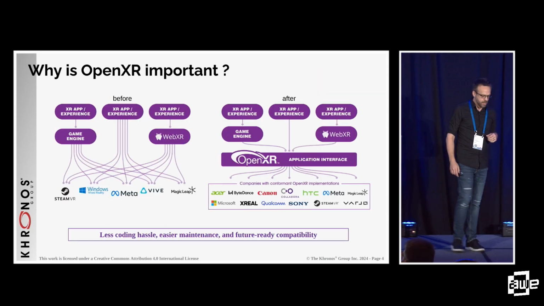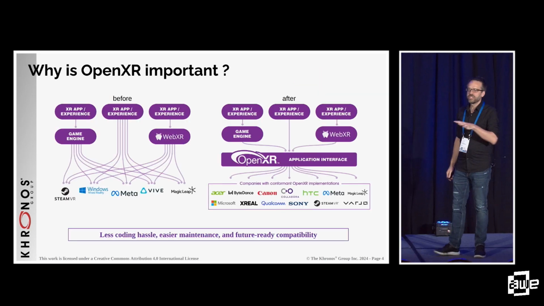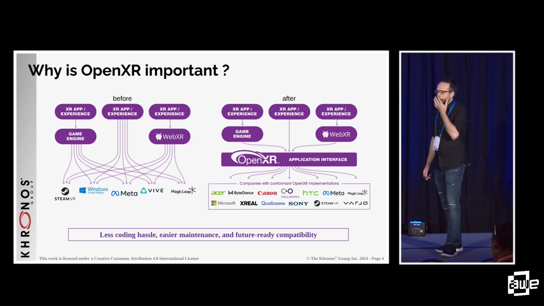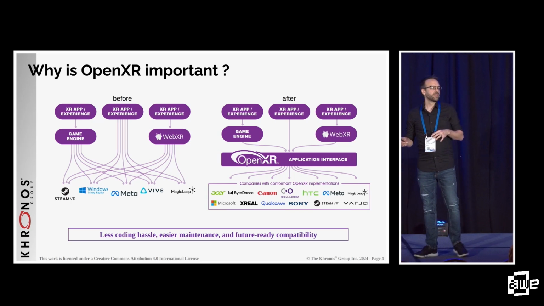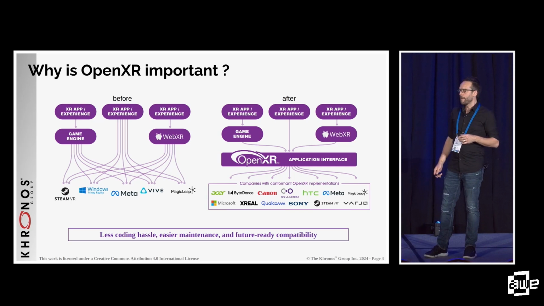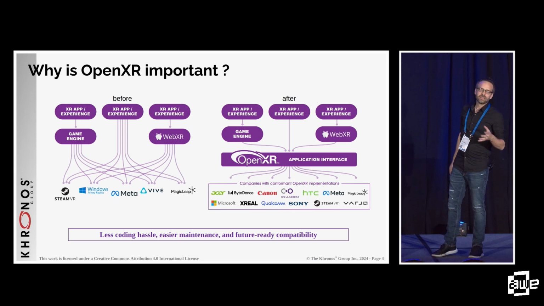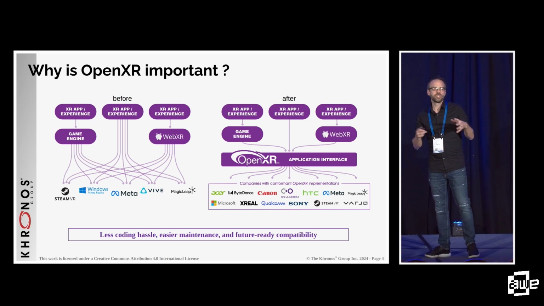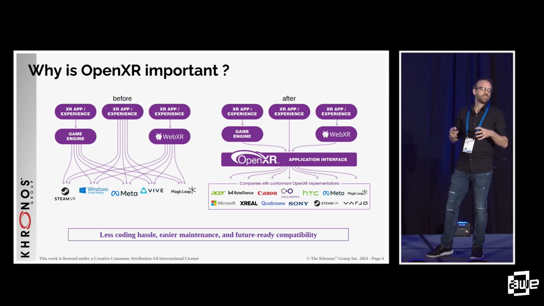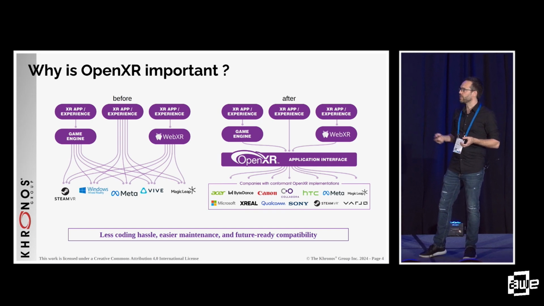And so, why is OpenXR important, especially for developers, right? I'm just going to break it down to a before-after comparison. So before OpenXR, XR apps and game engines had to juggle different code for all of the platforms and devices that they wanted to support.